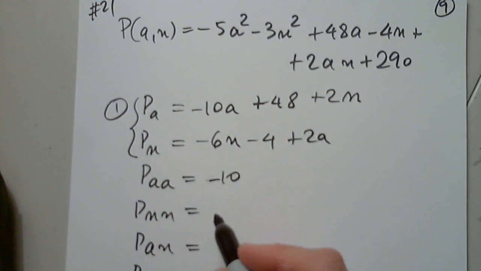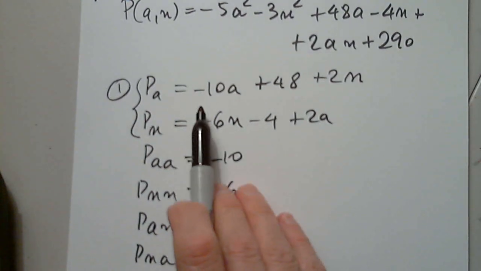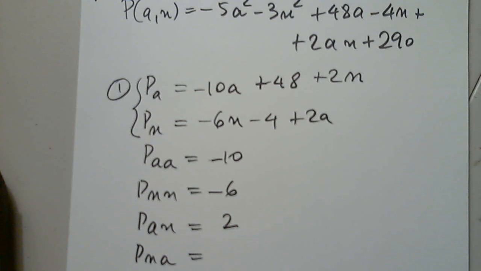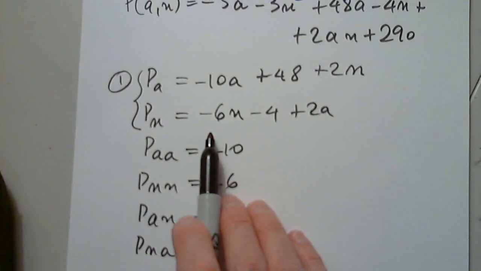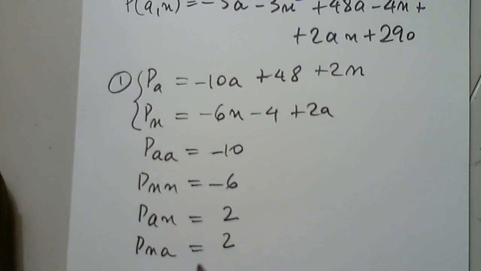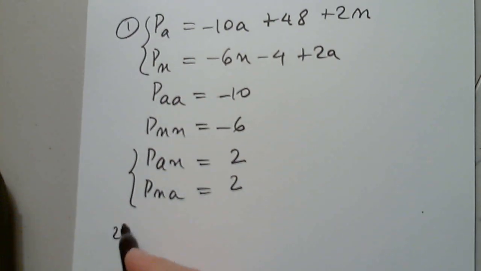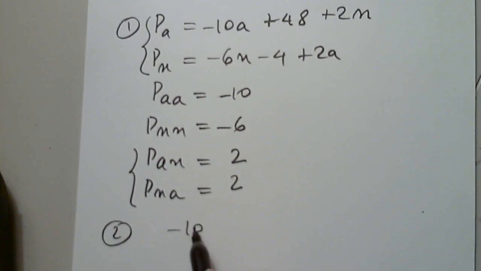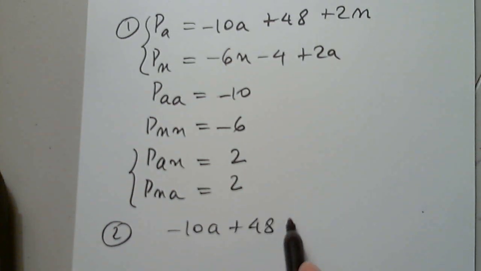Pnn is negative 6. Pan is 2, and Pn with respect to a. Of course, these have to be the same. Good, done. Step number 2: negative 10a plus 48 plus 2n equals 0.